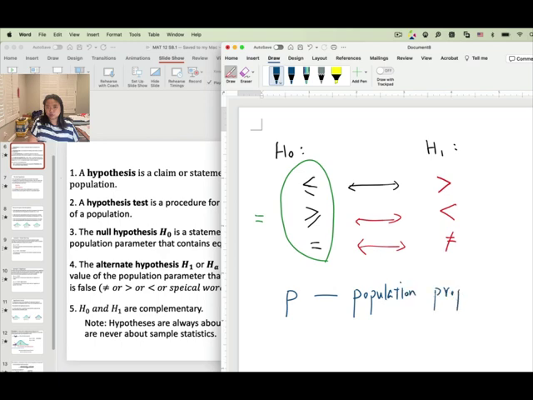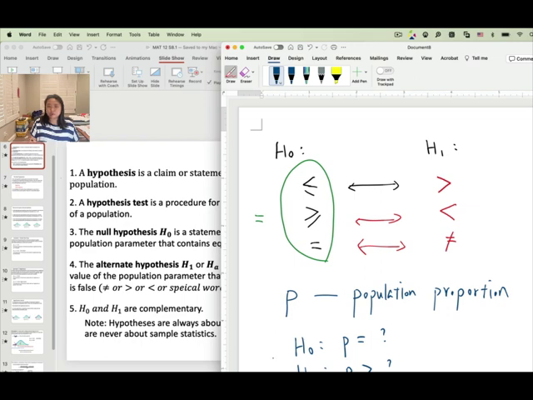For the null hypothesis, the population proportion has to be equal to some value. For the alternate hypothesis, you have three choices: greater than, less than, or not equal to. Depending on your question, I could use greater than. So this is our first step.